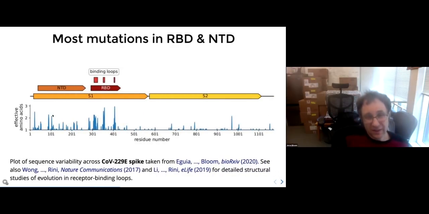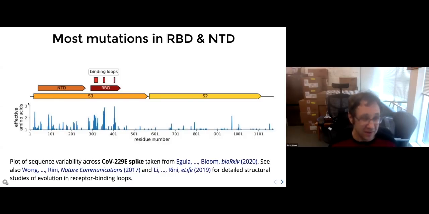And then one other point that I think is going to be relevant for those of you who are SARS-CoV-2 aficionados is that although the coronavirus 229E spike has a different receptor and is fairly diverged from the SARS-CoV-2 spike, it does have the same domain and subdomain structure. In particular, there's a receptor binding domain that uses some loops to bind to the receptor, which is aminopeptidase N, and then there's also an N-terminal domain.